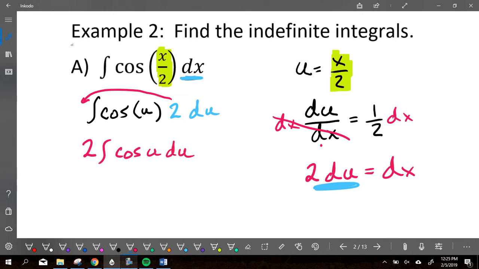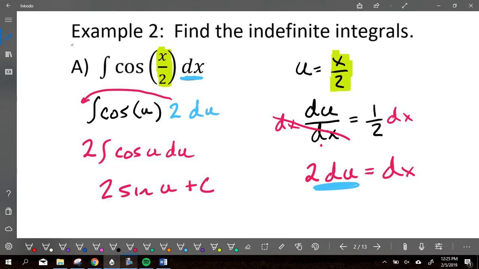It's not a complicated problem anymore. Now it's just the integration of cosine. What's the antiderivative of cosine? Sine u. I integrated without bounds, so what else do I need when I take the antiderivative? Plus c. When I integrate du, that's the plus c part of it.